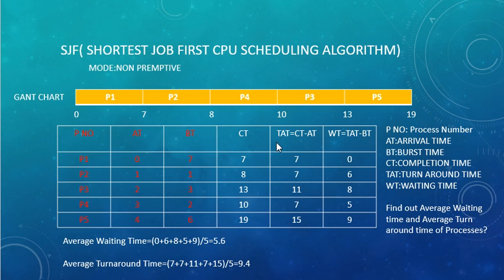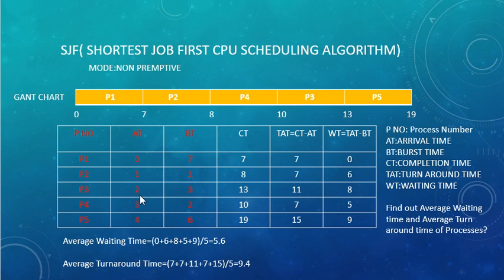Afterwards you have to find out turnaround time and waiting time. Turnaround time can be found out by CT minus AT, completion time minus arrival time. Completion time of P1 is how much? 7. Arrival time of P1 is 0. 7 minus 0 is 7. Next, completion time of P2 is 8. Arrival time of P2 is 1, 8 minus 1 is 7. Next, completion time of P3 is 13.